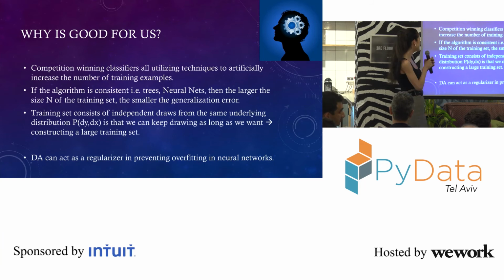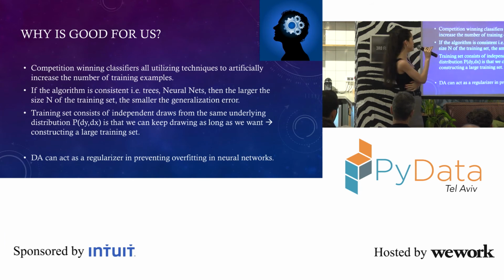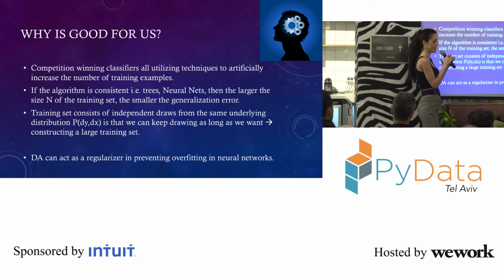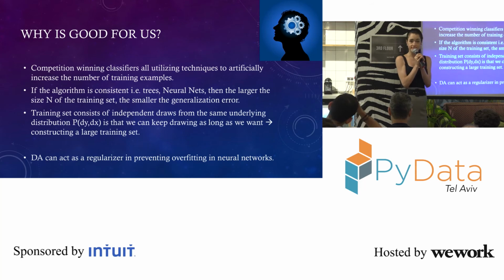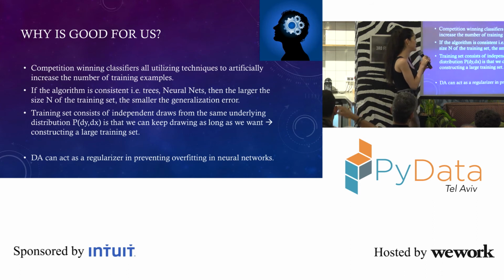Great. So Kaggle winning classifiers are all utilizing techniques to artificially increase the number of training examples. And we know that as the algorithm is consistent, like trees, like neural nets, the larger the size n of the training set, the smaller the generalization error is. The training set consists of independent draws from the same underlying distribution.